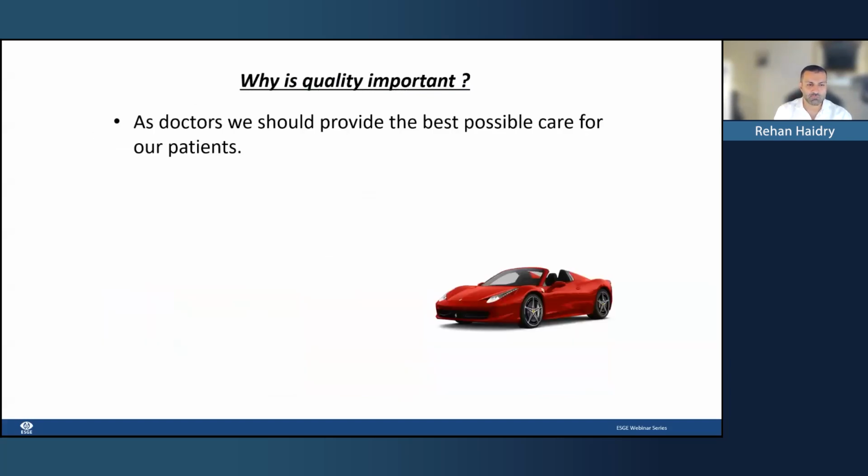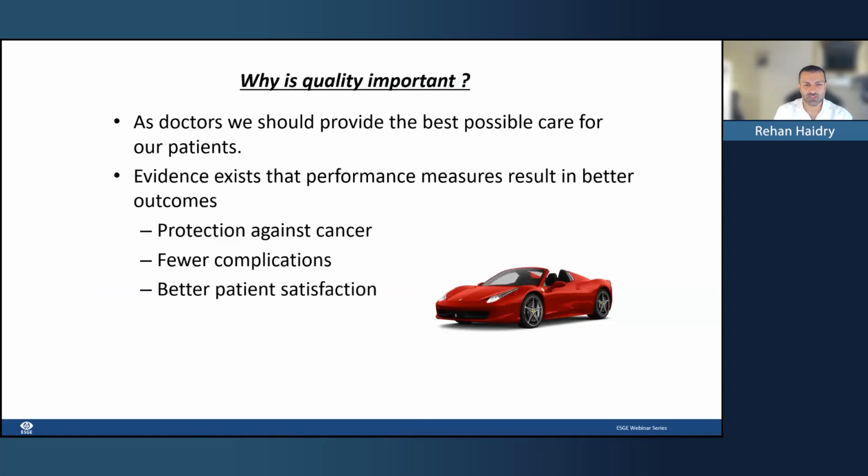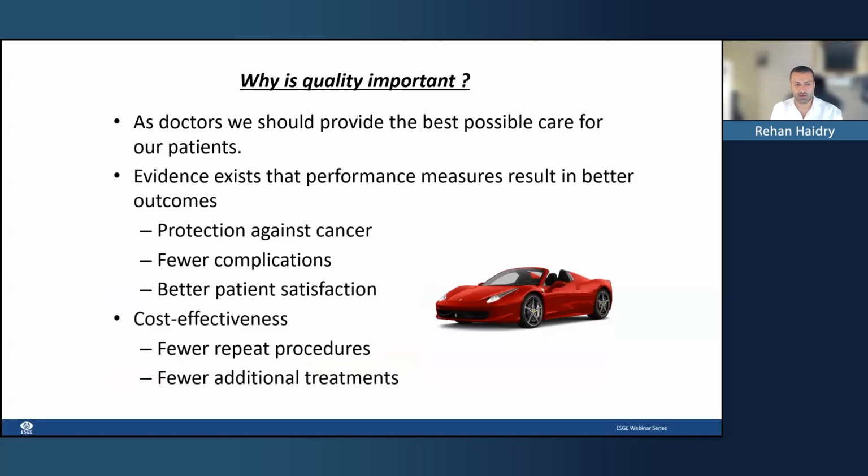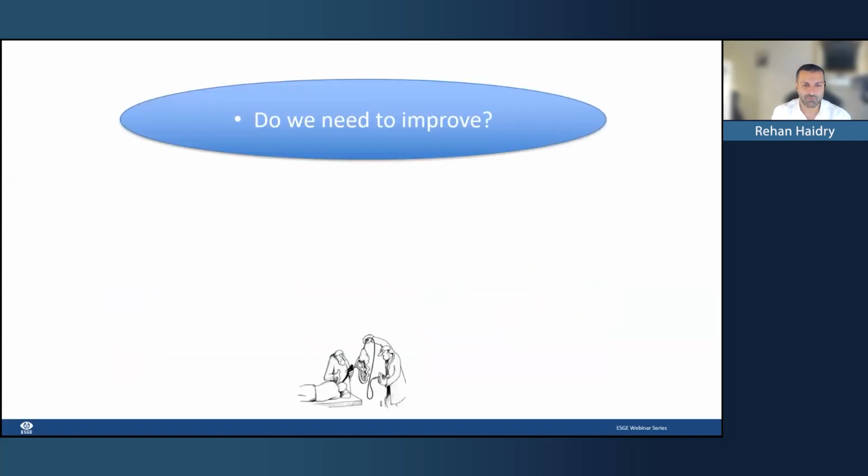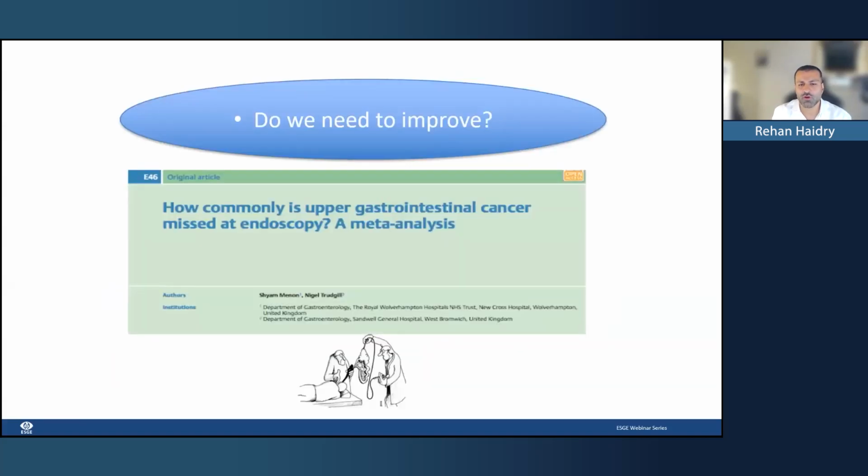And why is quality important? It's because we need to give our patients the best possible outcome, the best possible examination. And we know that evidence exists that the better we are, we will protect against cancer, we'll have fewer complications, and the patients will have a better outcome. And cost effectiveness, especially in this current climate, is very important. And do we need to improve? Of course we do.